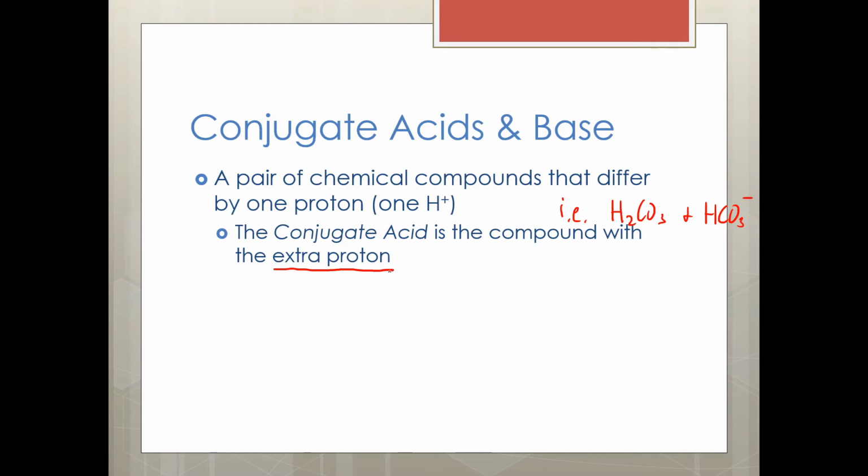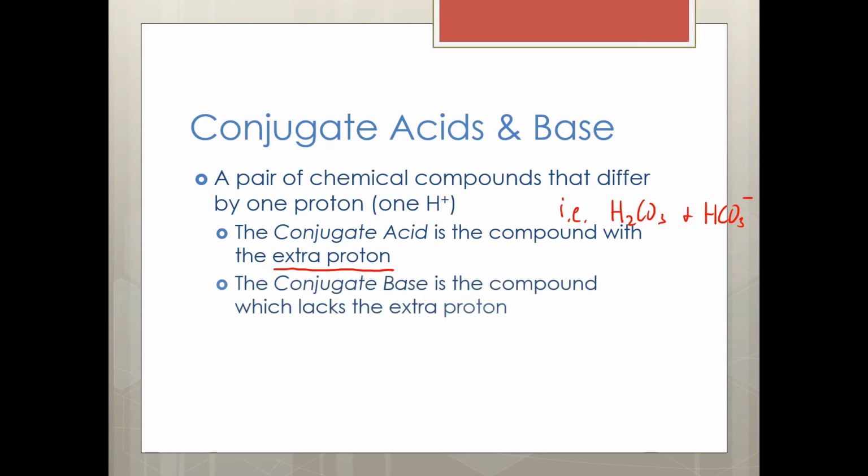So therefore, it's most likely going to be the acid in that pair. And then similarly, the conjugate base is the compound that lacks the extra proton. Because if a compound lacks a hydrogen, it has a better ability to gain a hydrogen.